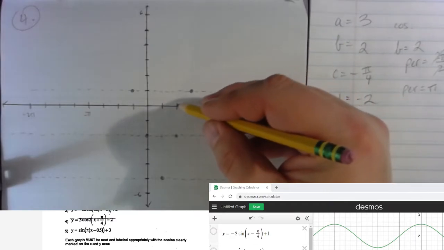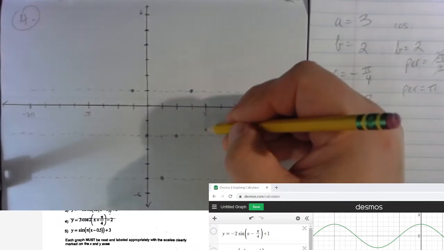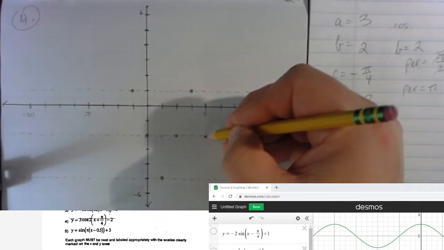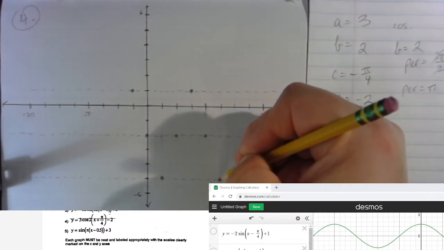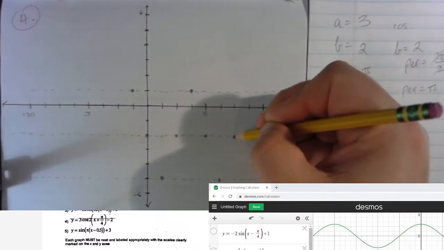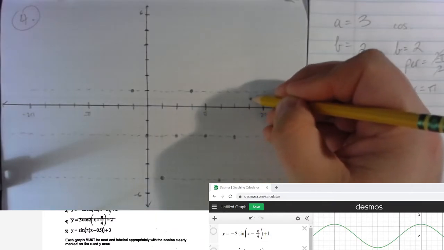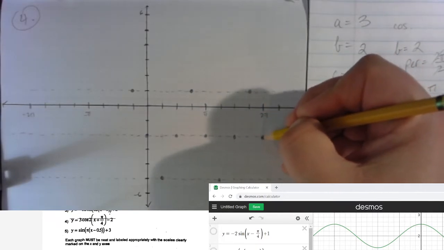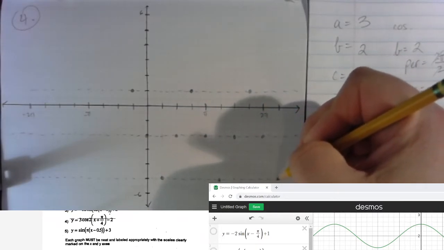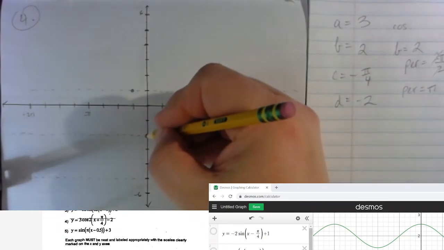So every time I move over a quarter, I get to one of my points I should draw, right? And move over a quarter and that one. Move over a quarter and that one. Move over a quarter and that one. Move over a quarter and there. And I'm ready to start drawing. Let's see.